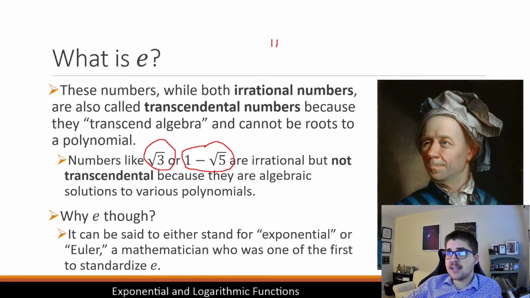But if you type this in your calculator, you're going to get 1.7 blah blah blah. It's an infinite string of non-repeating digits, and all of these types of numbers are called irrational just because they don't really fit our decimal form very well.